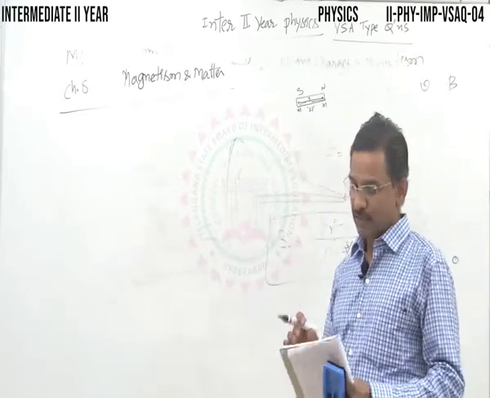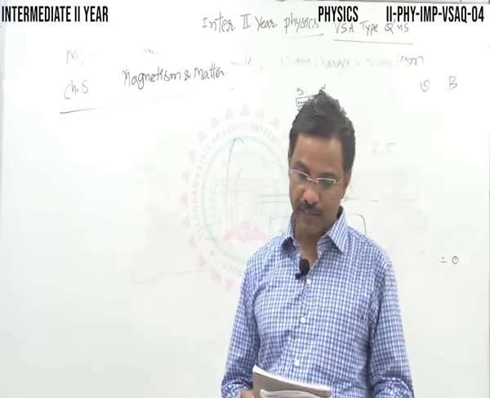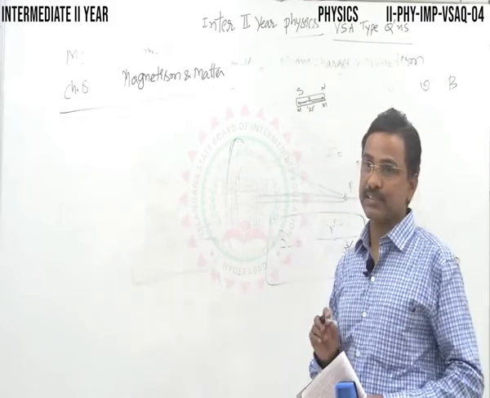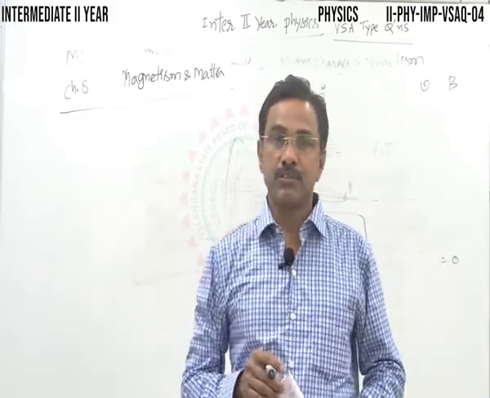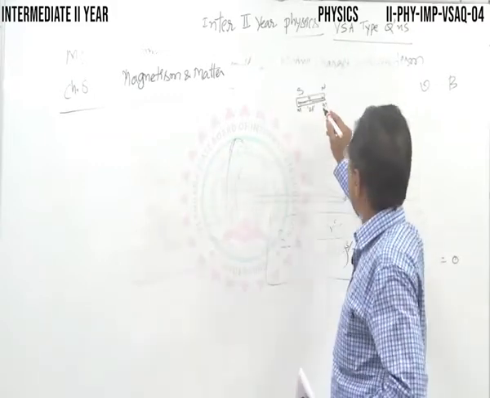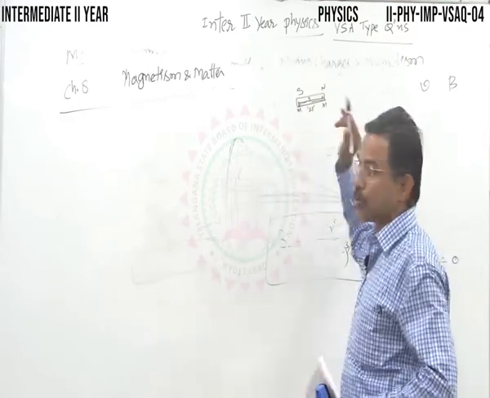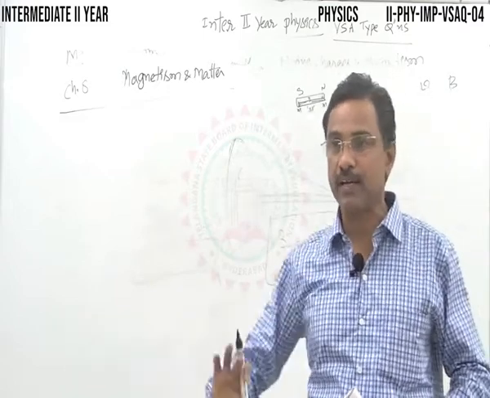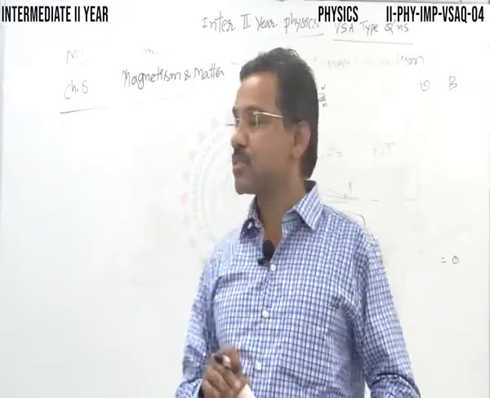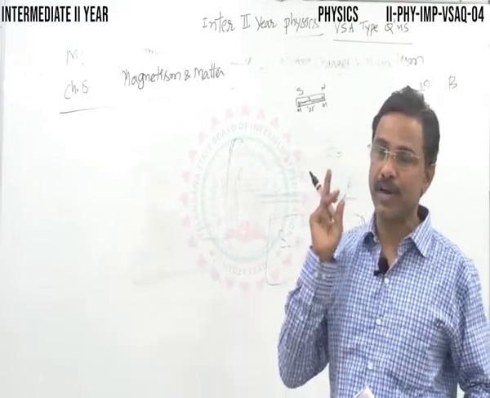What can you say about the nature of the magnetic field? See here, a net force is exerted. If the field were uniform, the net force would be 0, since the forces on the north pole and south pole are equal in magnitude and opposite in direction and cancel each other. Since a net force is acting, the magnetic field must be a non-uniform magnetic field.